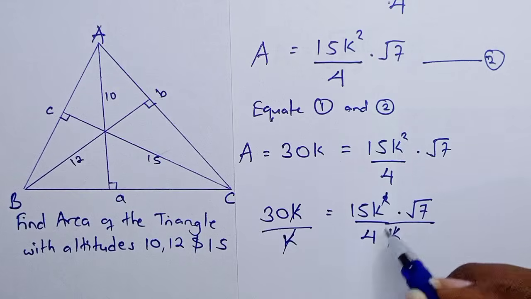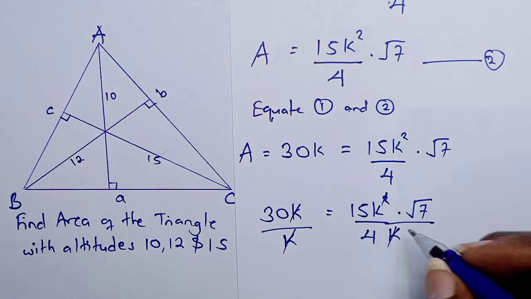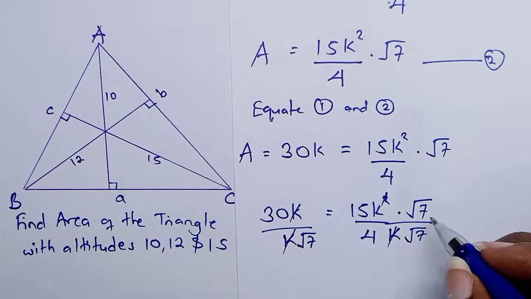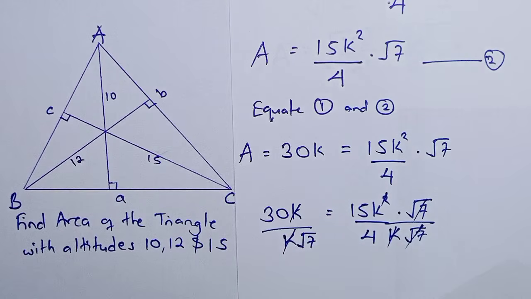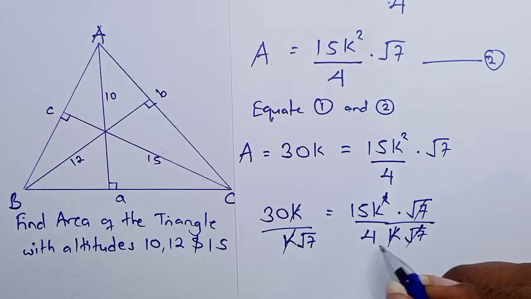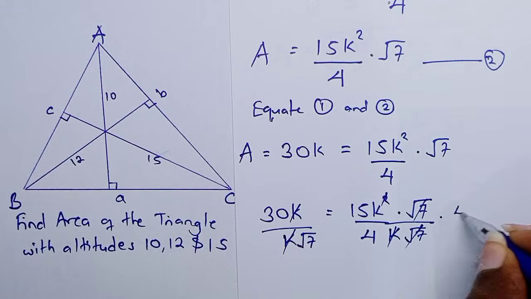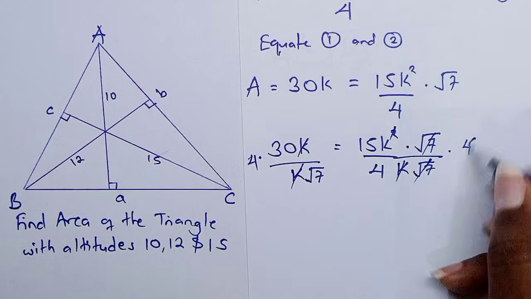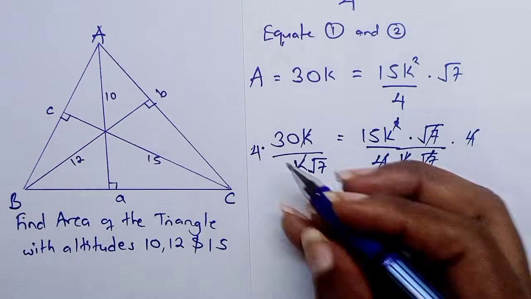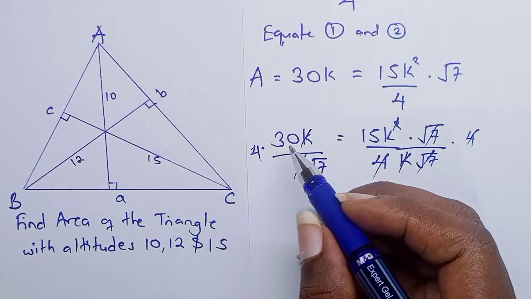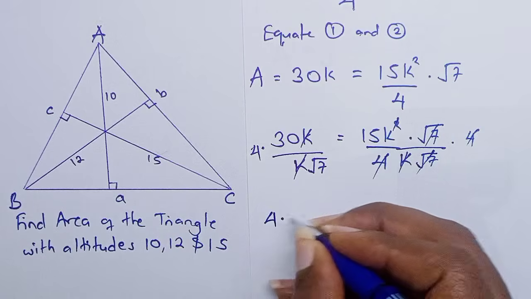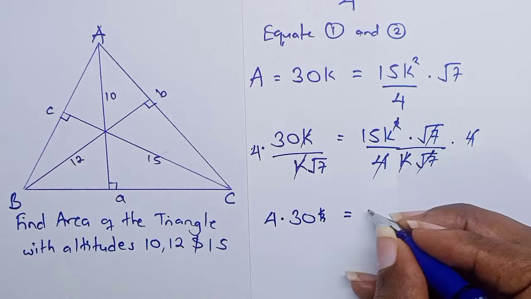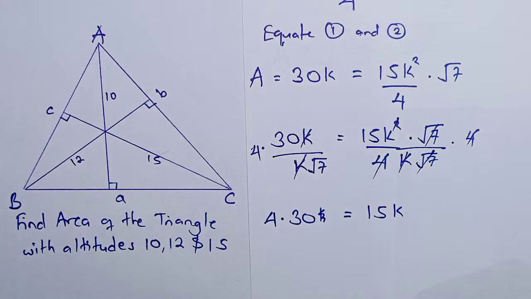So now our goal is to make k the subject. So we shall divide both sides by root 7. This cancels with this. And again, multiply both sides by 4. So this 4 cancels with this one. So we shall have 4 times 30, being equal to 15k.